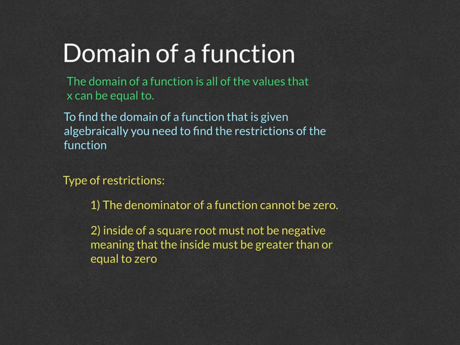The second type is that the inside of a square root must not be negative, meaning that the inside of the square root must be greater than or equal to 0. Now, if neither one of these restrictions exist within the function you are given, so if you don't have a rational function or a square root function, then the domain will be all real numbers.